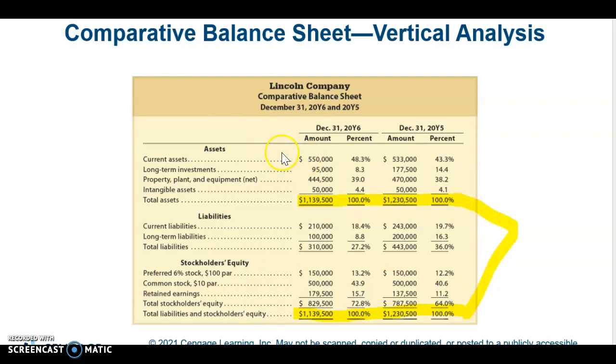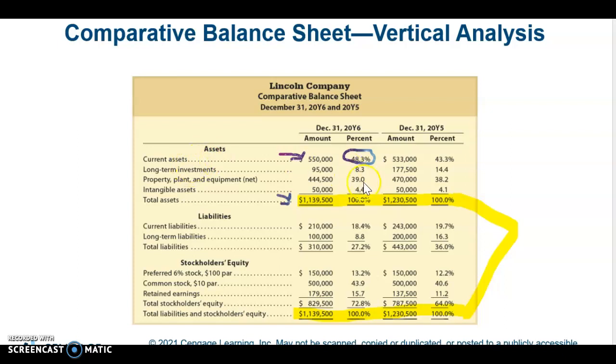So 550,000 divided by $1,139,500, times that by 100, you would get 48.3%. So current assets represent 48.3% of our total assets.